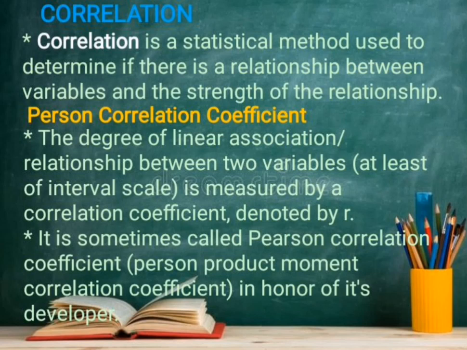The degree of linear association or relationship between two variables of at least interval scale is measured by a correlation coefficient denoted by r. It is sometimes called the Pearson correlation coefficient or Pearson product moment correlation coefficient, in honor of its developer.